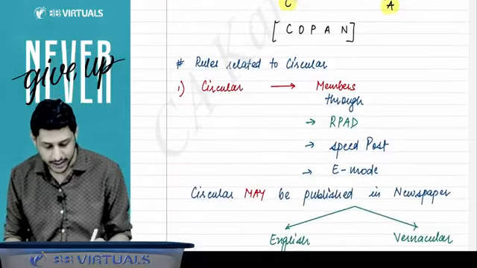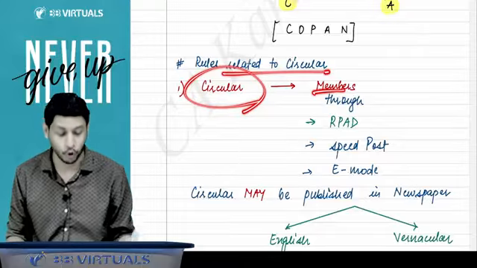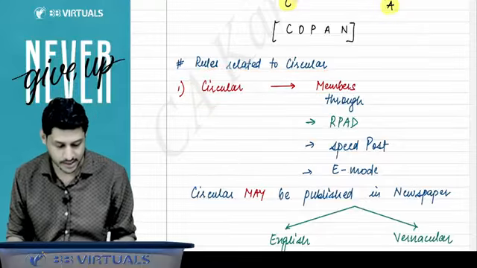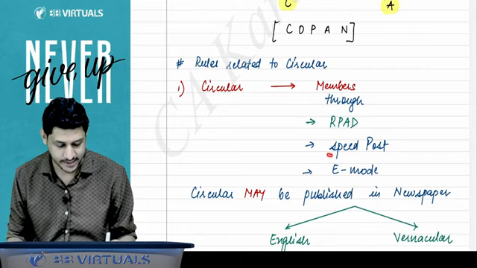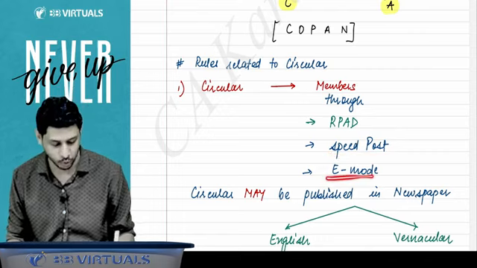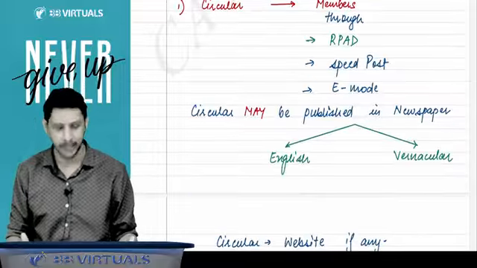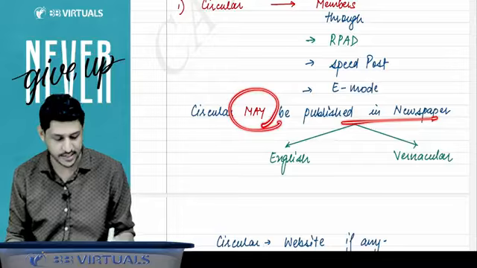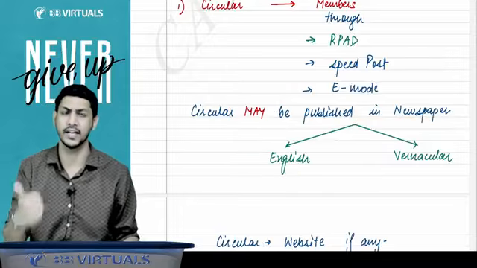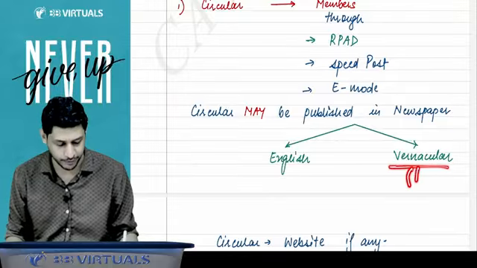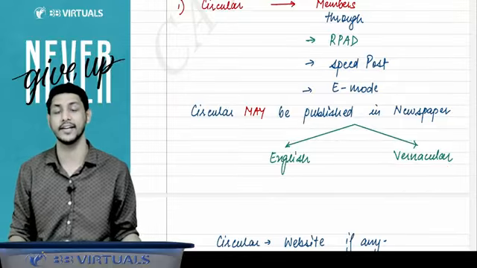Now, what are the rules related to the circular? That circular must be sent to all the members through registered post acknowledgement due, or you can send through speed post, or you can send through e-mail. However, it is an option given to the company that company may publish this circular in the newspaper. That is English newspaper and vernacular newspaper where the registered office of the company is located.